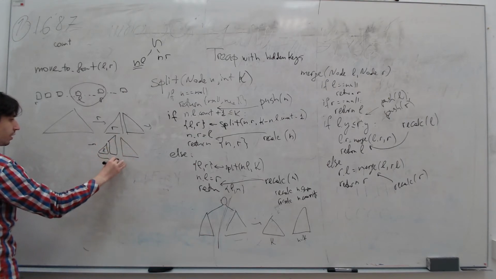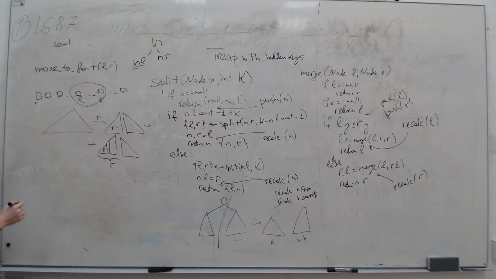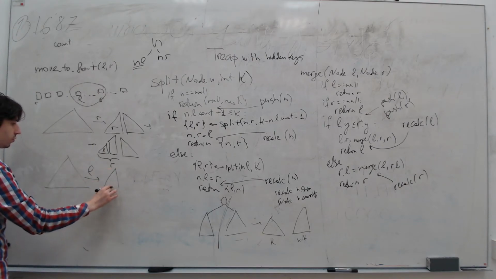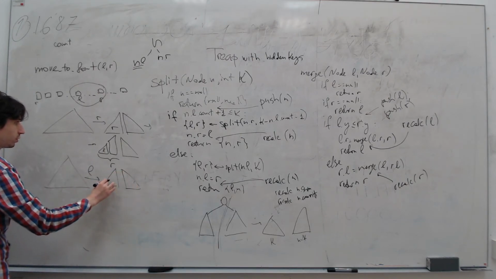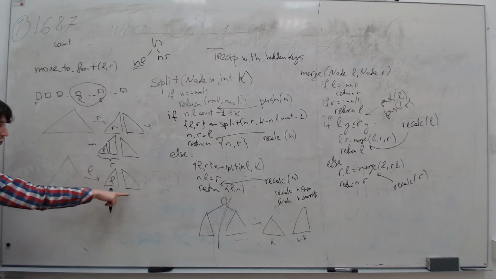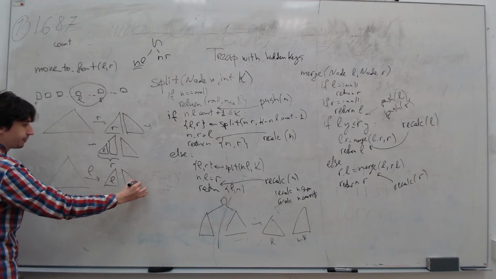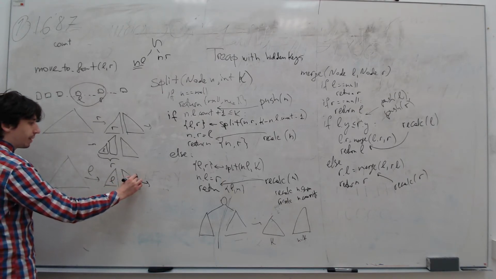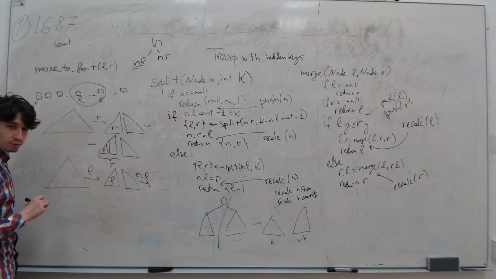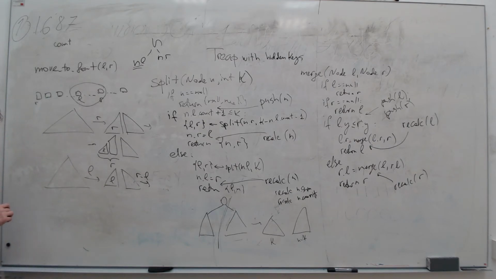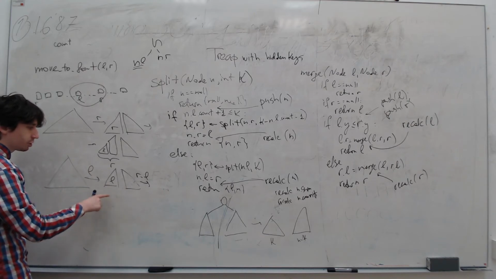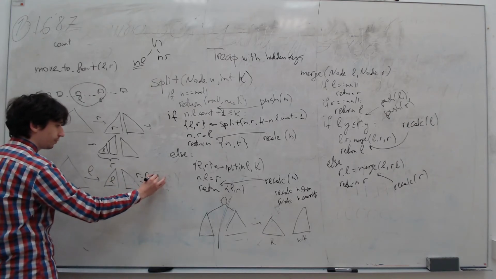But if you do it vice versa, so you split by L at first, then you have to split the right tree not by R itself, you have to split it by R minus L already, because you want to have R items to the left of this split position.